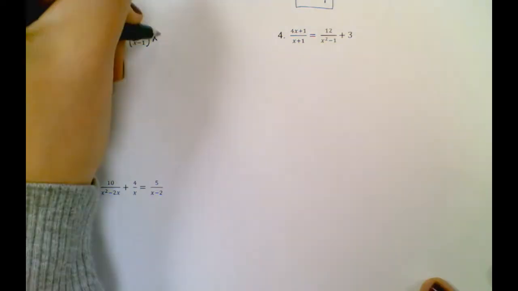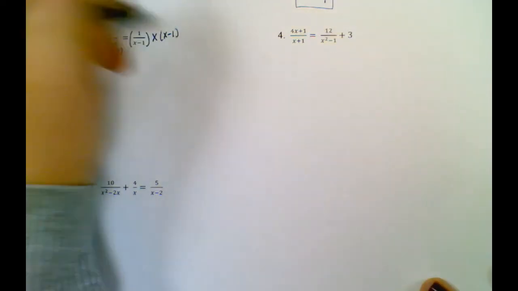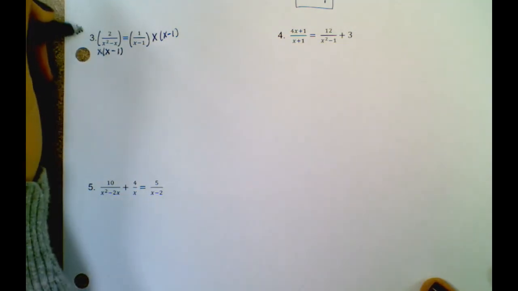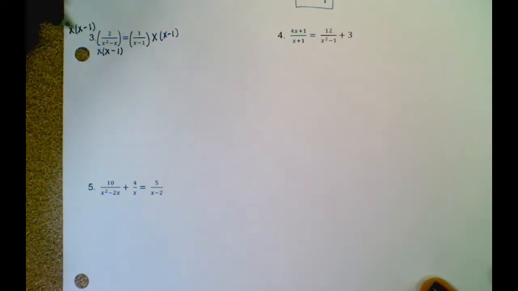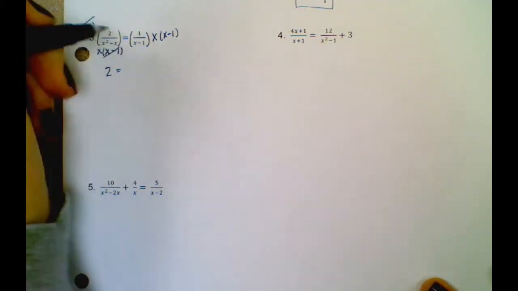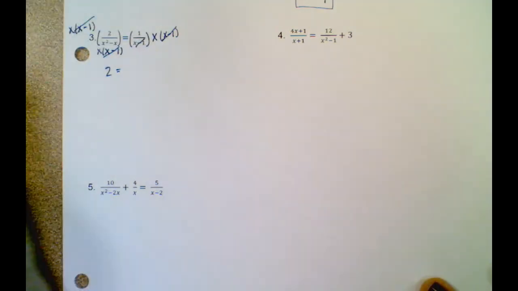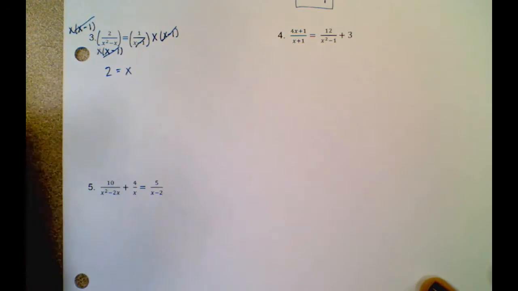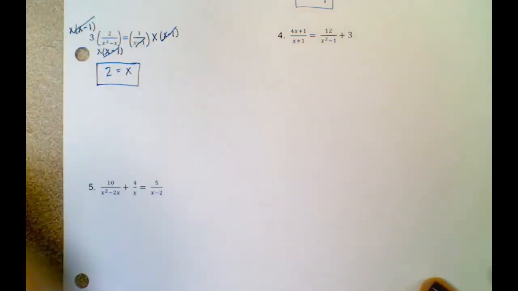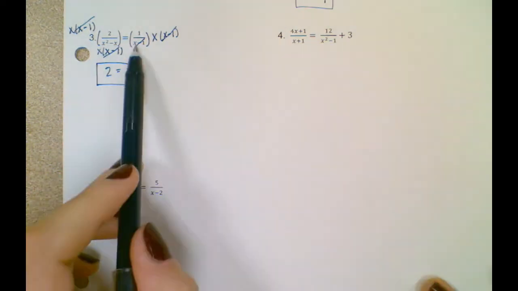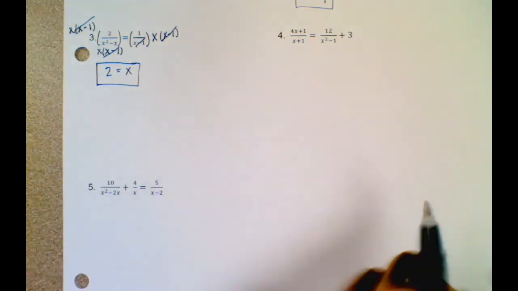Oh, I'm sorry, x times x minus 1, because that is my common denominator. Over here, I have to do x times x minus 1. Okay, so notice this whole left side is gone, so I'm left with 2 equals, these x minus 1's are gone, I'm just left with 1x, which is just x. Okay? Well, that was kind of a simple one. If I plug a 2 back in here, I get 4 minus 2. I'm good. 2 minus 1 does not equal 0, so I'm done.